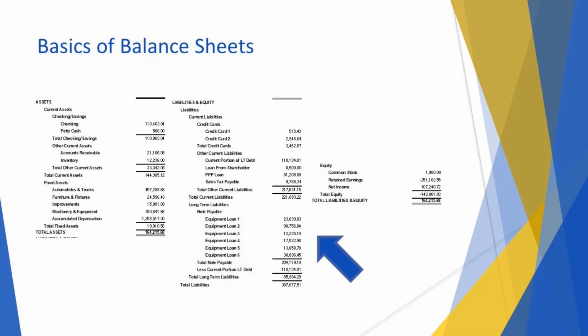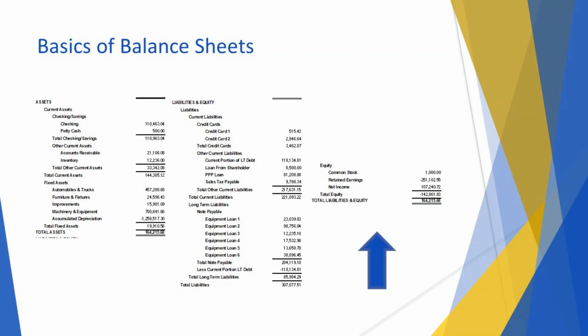In this case, our long-term debt is $204,119, and of that, $118,135 is due in the next 12 months. This adjustment, for tax purposes, is done once a year. Payments are posted as usual, with the principal portion posting to the liability account and the interest posted to an expense account.